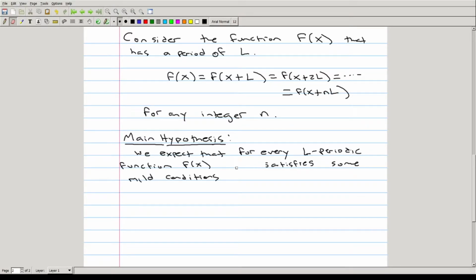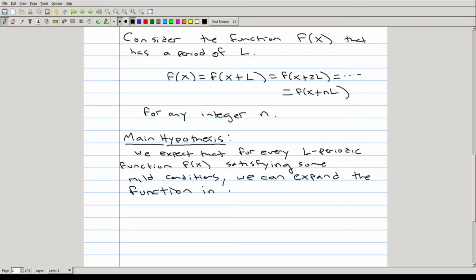Let's say satisfying some mild conditions here, we can expand the function into an infinite series, right?